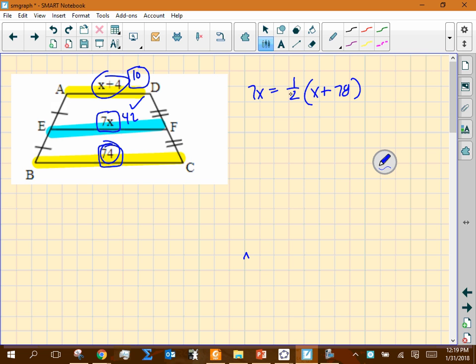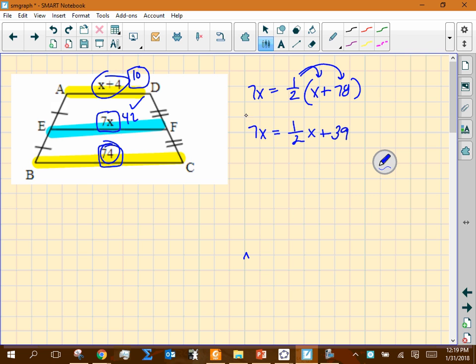Could I do this? Could I multiply that 1/2 through and get 7x is equal to 1/2 x plus half of 78, which would be what? What's half of 78, guys? 39. Now, can I multiply everything by 2 to get rid of that 1/2?